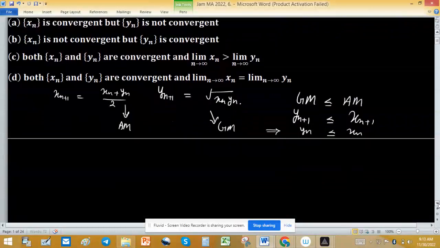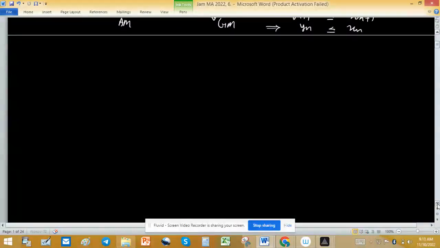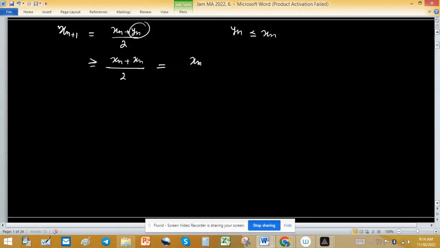Means all terms of the sequence y_n are always less than or equal to the sequence x_n. As x_{n+1} equals (x_n + y_n) divided by 2, and we know that y_n is less than or equal to x_n, if you replace y_n with x_n, we have (x_n + x_n) divided by 2, and this will be less than or equal to... this one equals x_n.